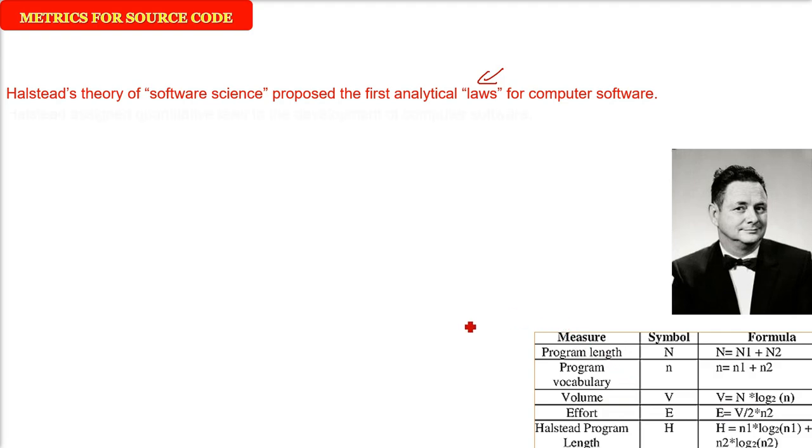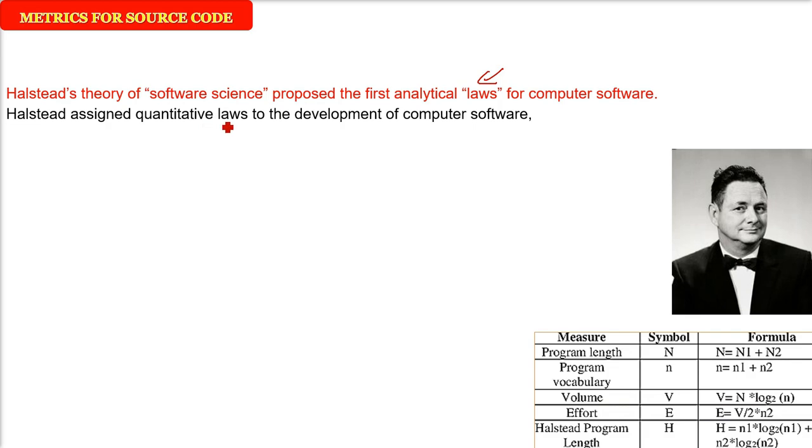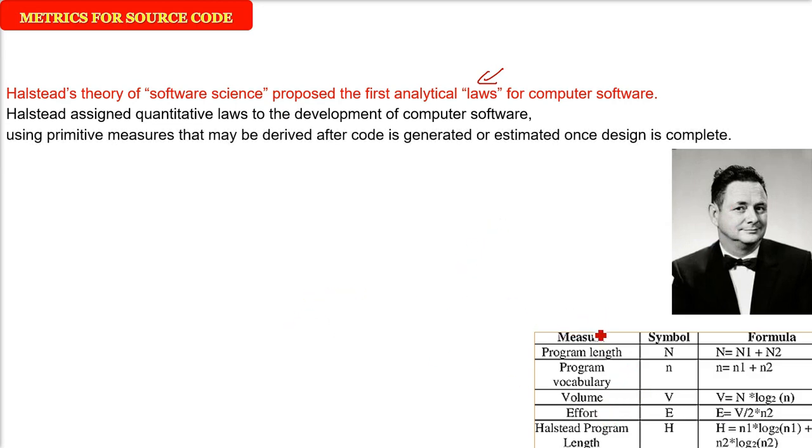Halstead assigned certain quantitative laws to the development of computer software. From A to Z, he said we can compute it using just primitive measures. Only the code, that is, even if the code is generated or the design has been completed, we can compute almost everything using this Halstead theory.